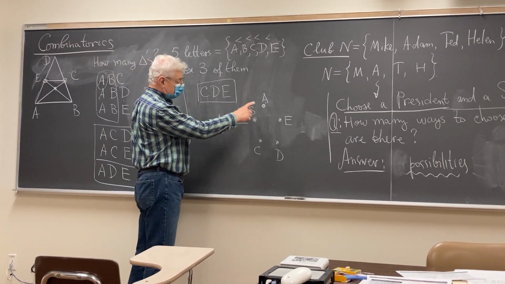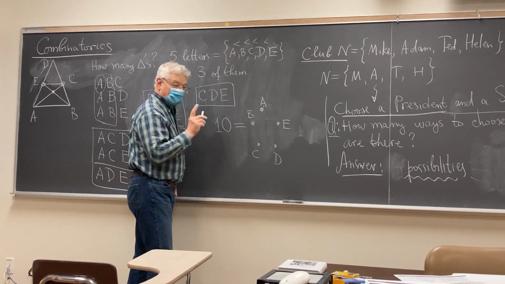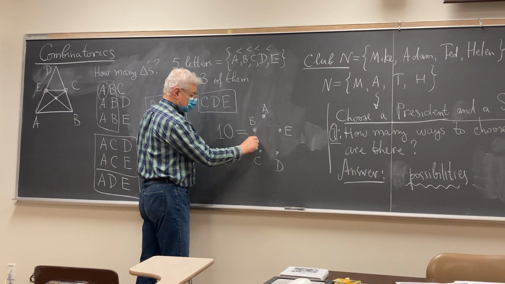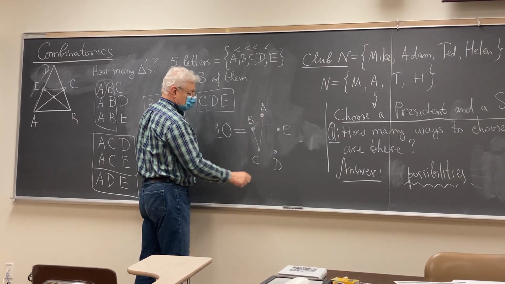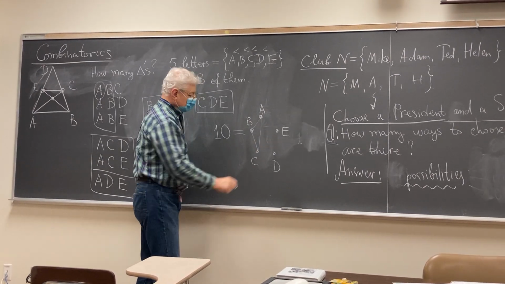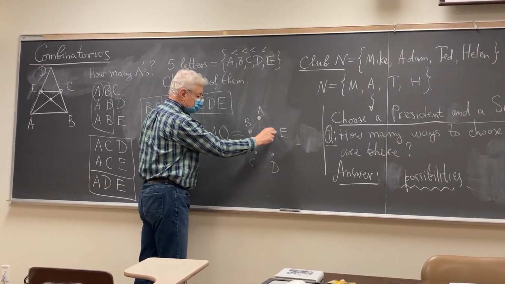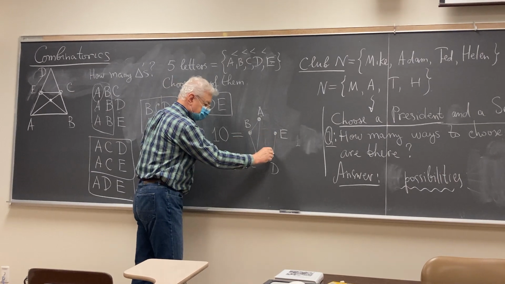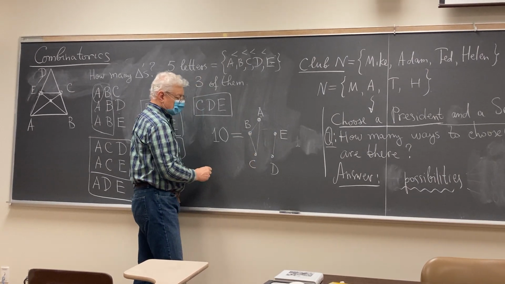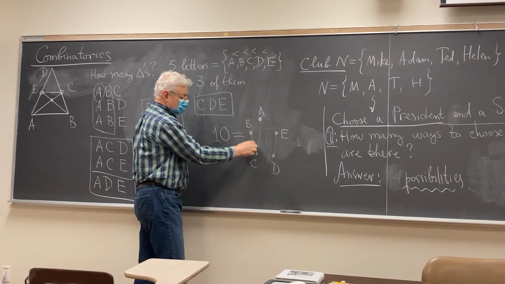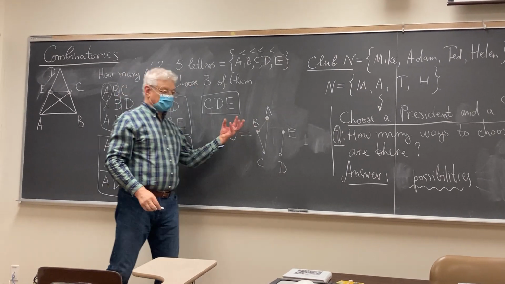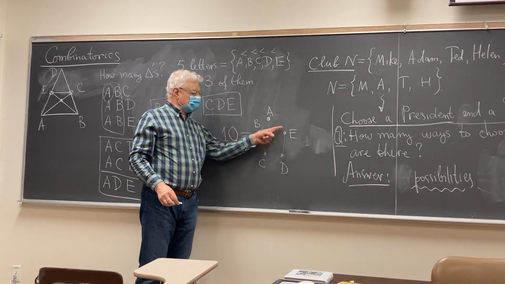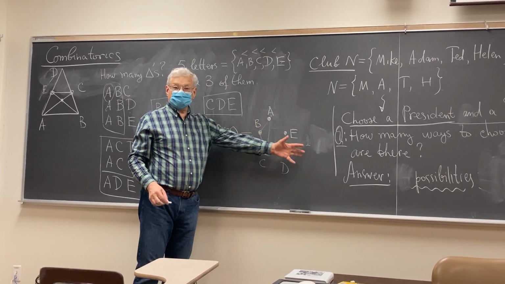Now, we have to take triangles. But now I'll tell you an important thing. If you have a triangle, say ABC, what's left over? E and D. So if you draw a triangle, you also at the same time mentally could draw ED, a segment. So if you want to count the number of triplets, like ABC, it is the same as counting the number of segments in the complement.